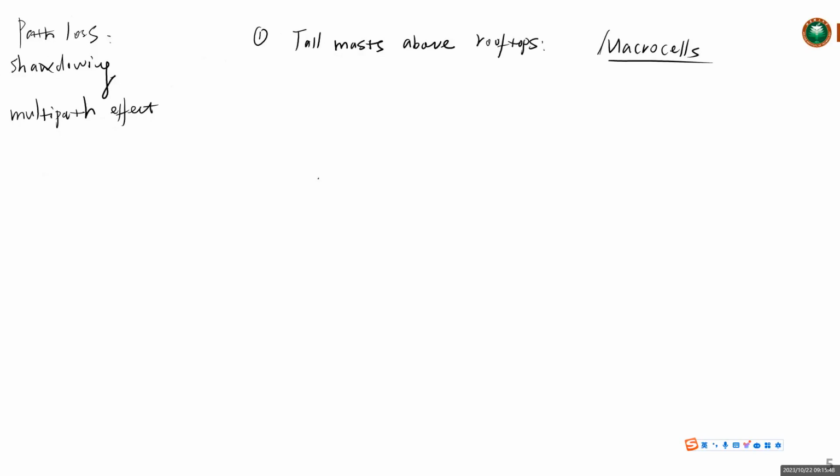If the base station antenna height becomes smaller and is below the surrounding rooftops, we call that microcells.